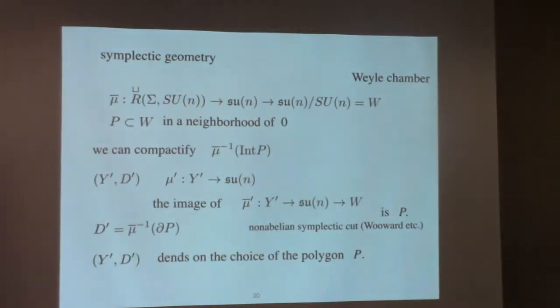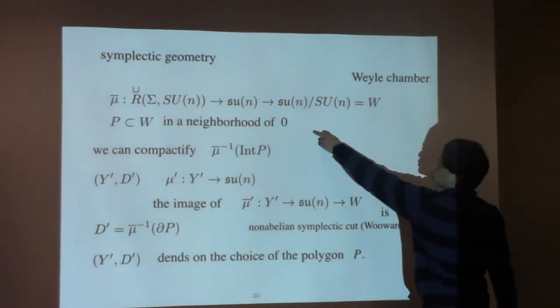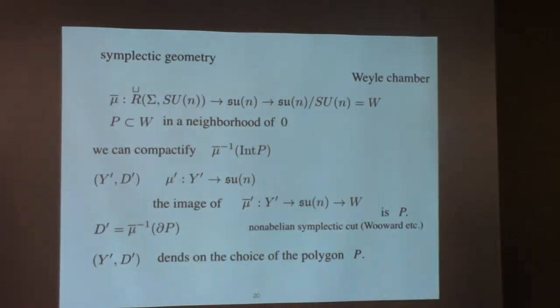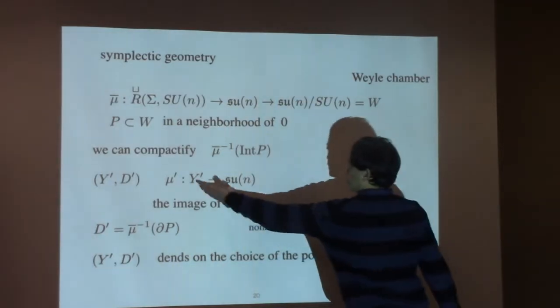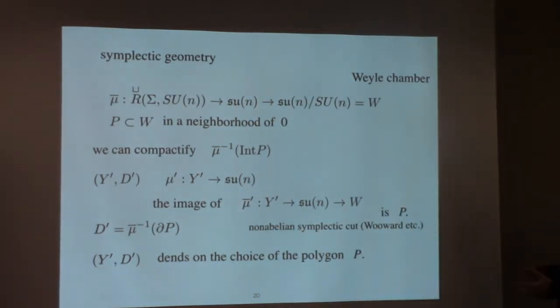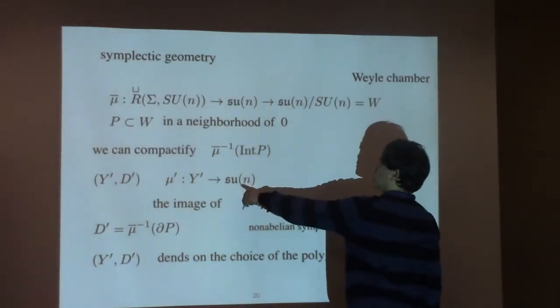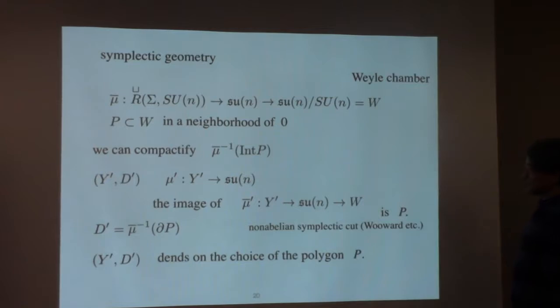So what happens? We take these polygons, and we can compactify the inverse image of the interior of P to get some Y prime, and D prime is the image of this boundary. This Y prime is a compact symplectic manifold with an SU(N) action, and mu prime is just this moment map, and its image is the original one.